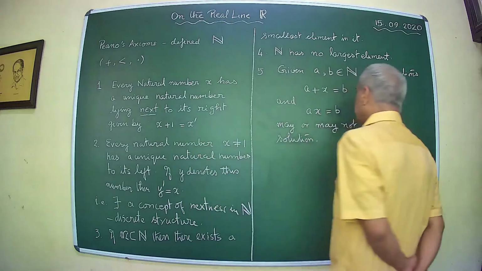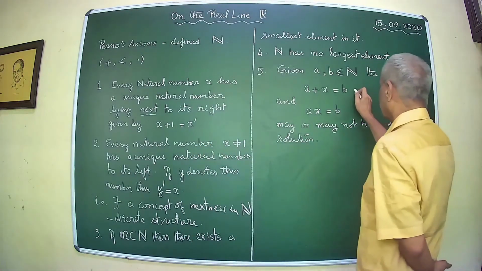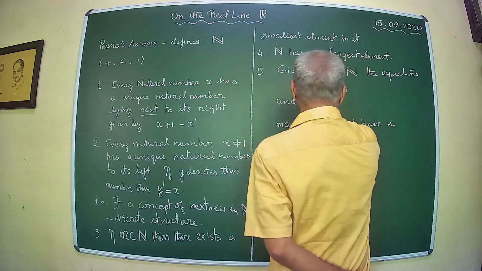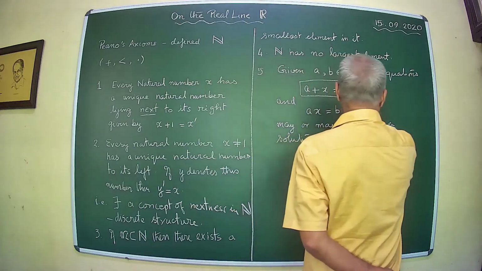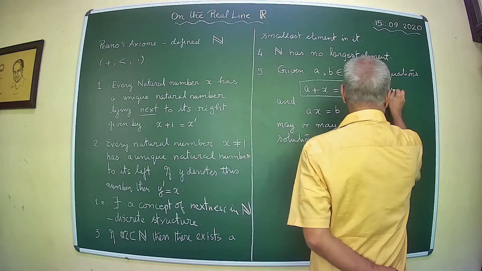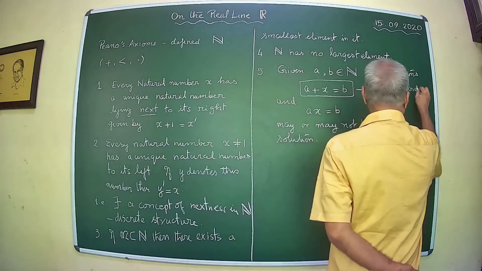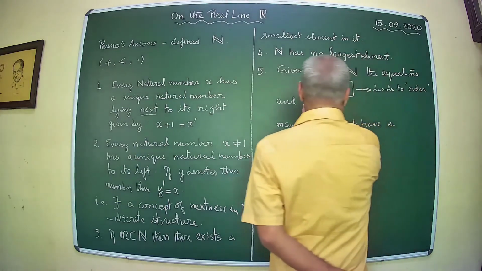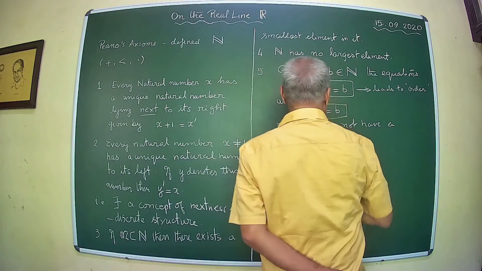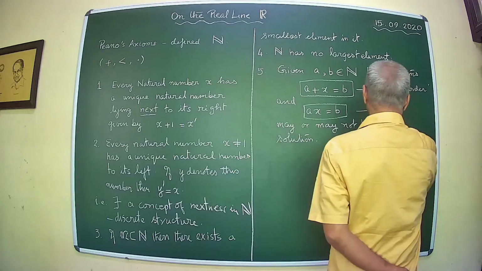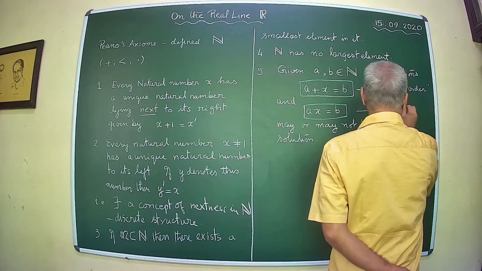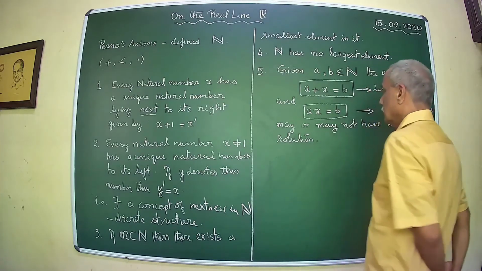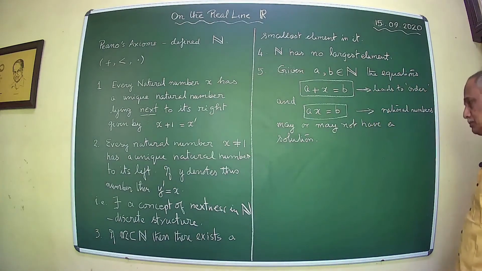In fact, the order structure is derived from the first one. So this leads to order structure. And this, later on you will see, leads to rational numbers. These are the things that you observe.